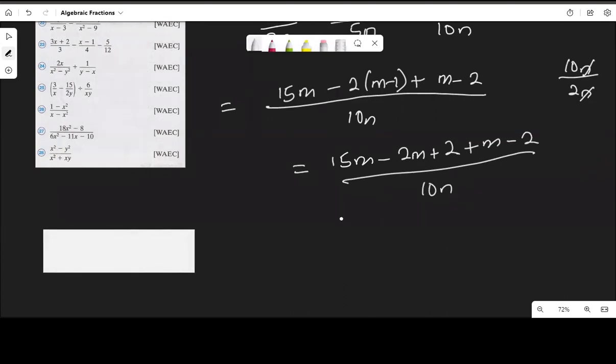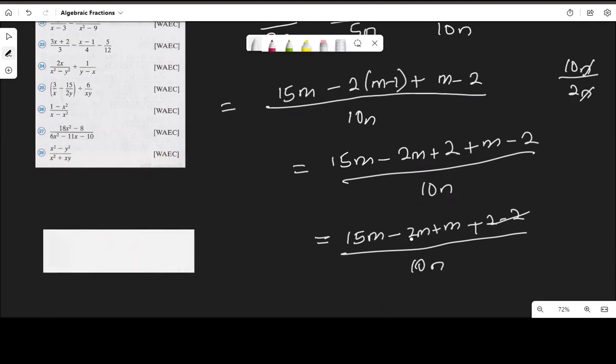Collecting like terms, all the m, let's bring them together. We'll have 15m minus 2m plus m plus 2 minus 2 over 10n. 2 minus 2 is gone. M plus 15m is 16m.